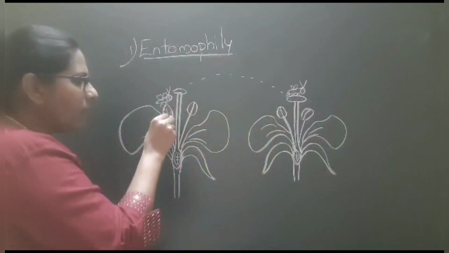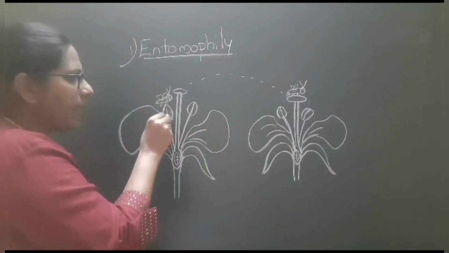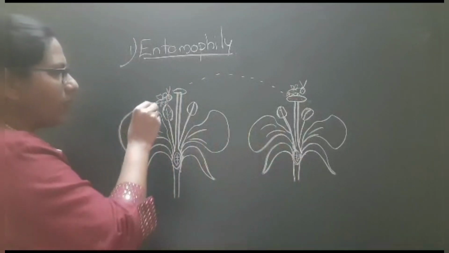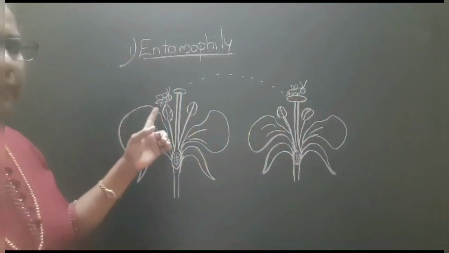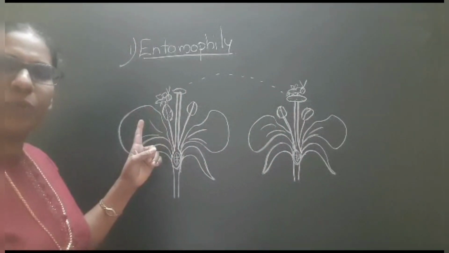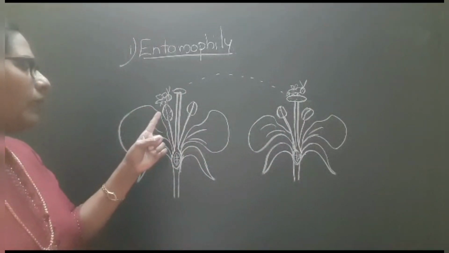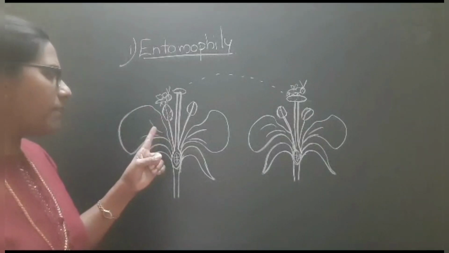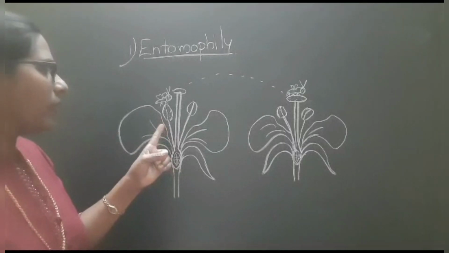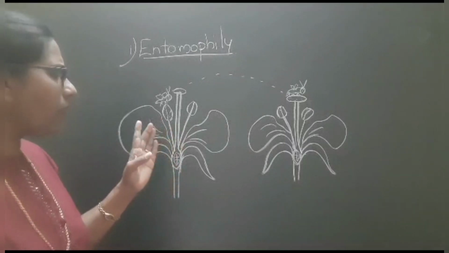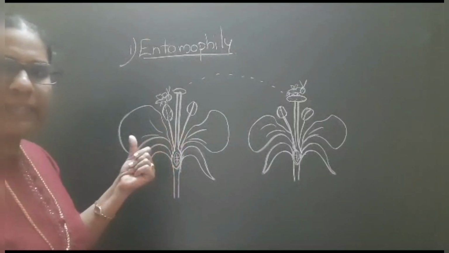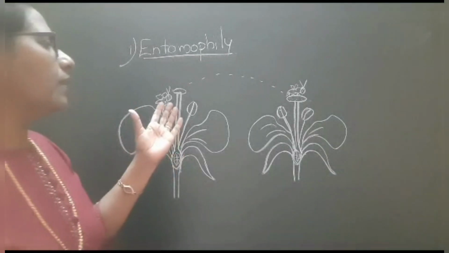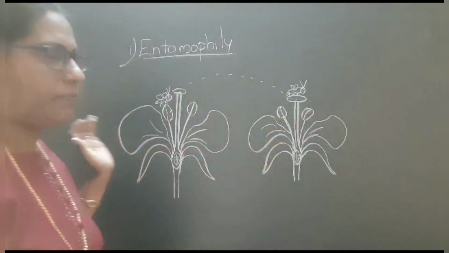From the anther, they carry the pollen grains to the stigma of another flower.